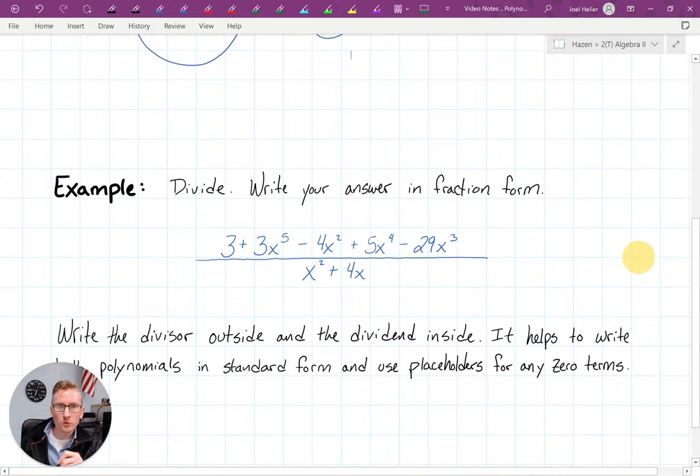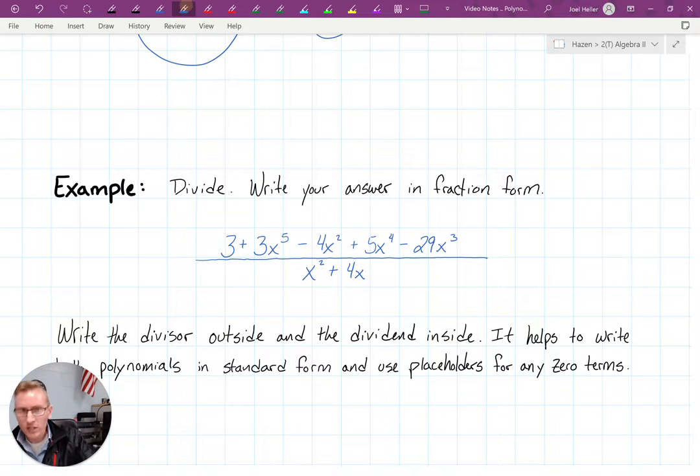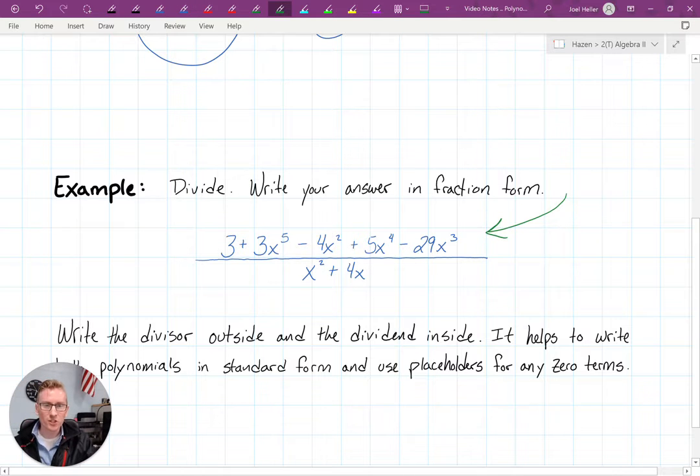Basically what we're going to do here is look at a rational expression that has a polynomial with a degree that is greater on top than the degree on the bottom. So the degree of the polynomial on top, well, let's see, that looks like it's a 5.